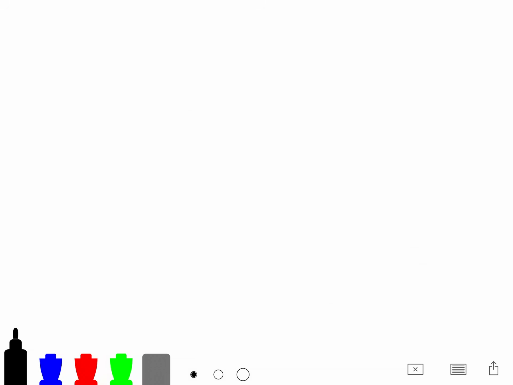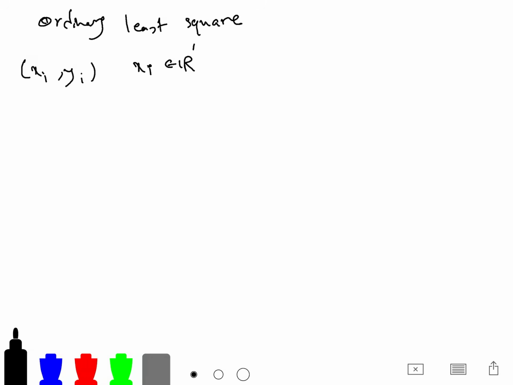Ordinary least squares could be another interesting example. You have some samples in machine learning, for example with d-dimensional features, and in ordinary least squares you want to minimize the sum of (y_i minus x_i transpose beta) squared.